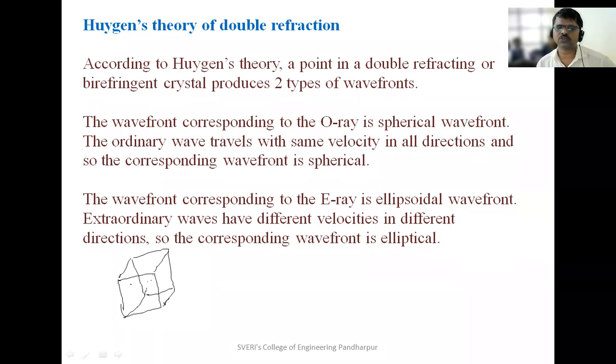We are placing the source of light at the center of a double refracting medium. Suppose this is a calcite crystal or quartz. The source is kept at the center of the calcite crystal. At that time we get two wavefronts. Which is the first wavefront? Spherical.